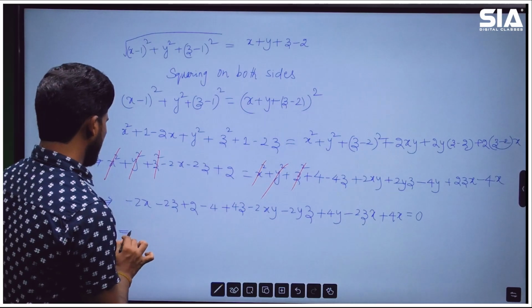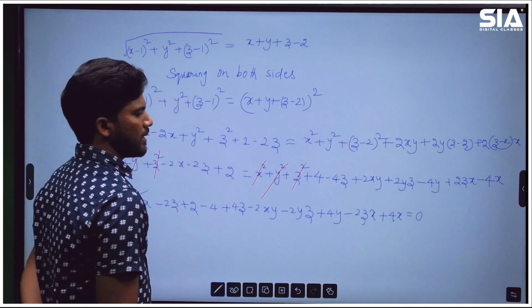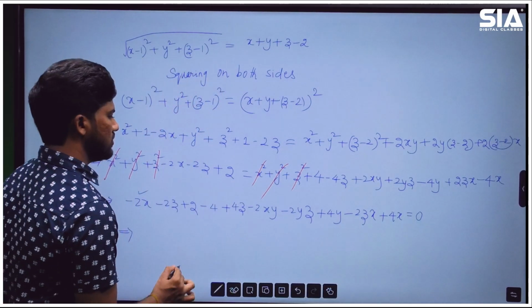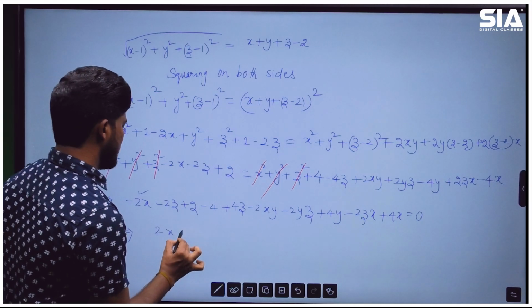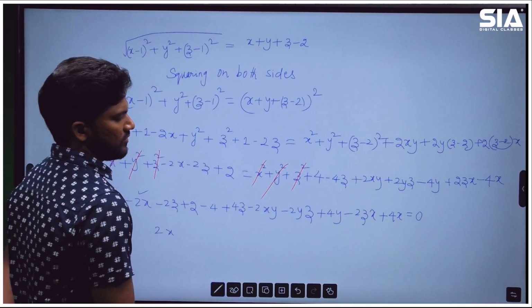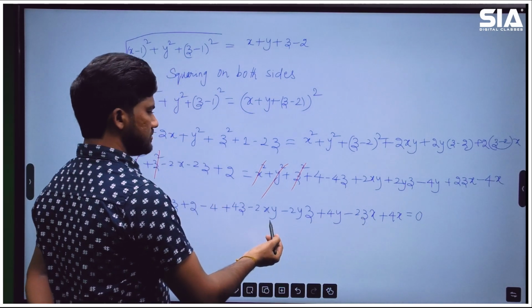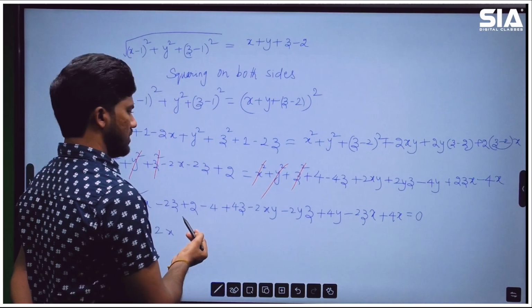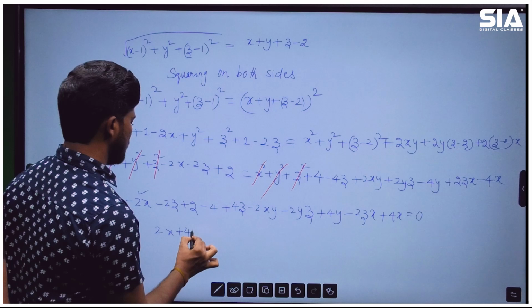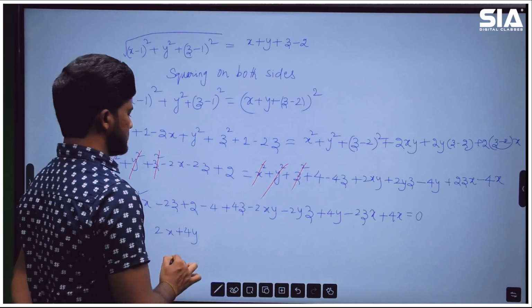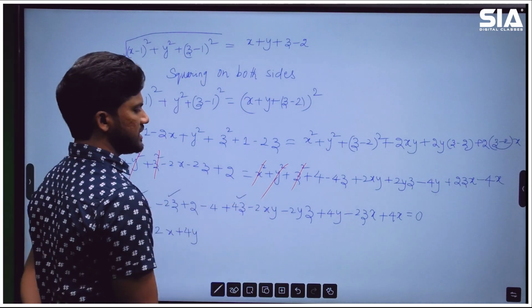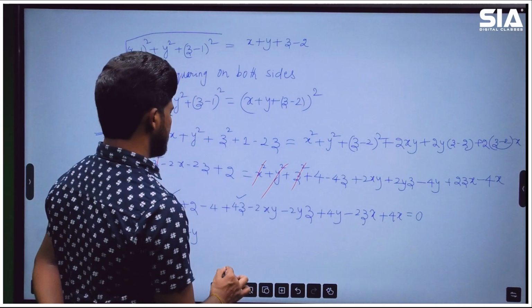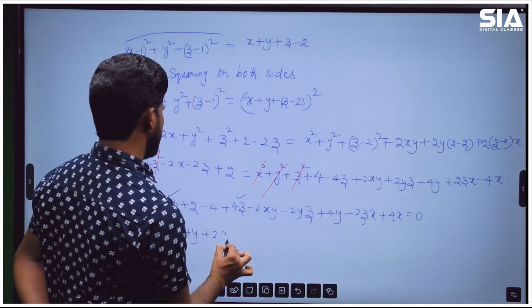Therefore minus 2x plus 4x is 2x. Next y terms, only plus 4y, and z terms, minus 2z plus 4z, that means plus 2z.